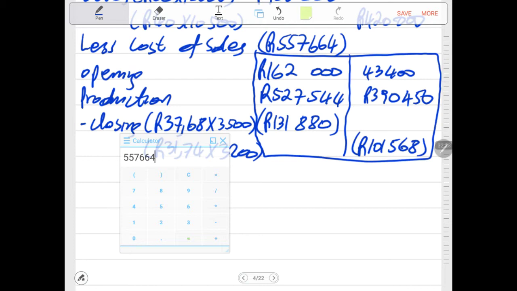Then we calculate the cost of sales for product Y: 43,400 plus 390,456 minus closing of 101,568, we get 332,288.